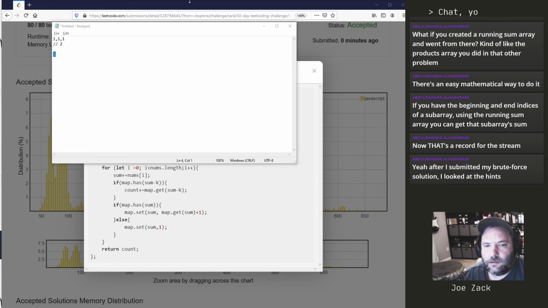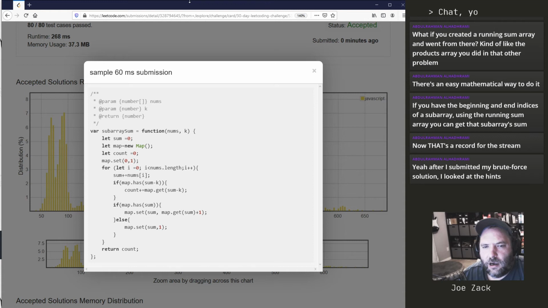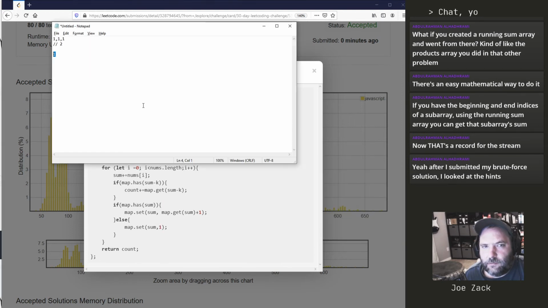It's negative 1. So what do we do? So that was false. If the map has the sum, it doesn't. Otherwise, set it to 1. Okay, so our map becomes 1 with a value of 1.